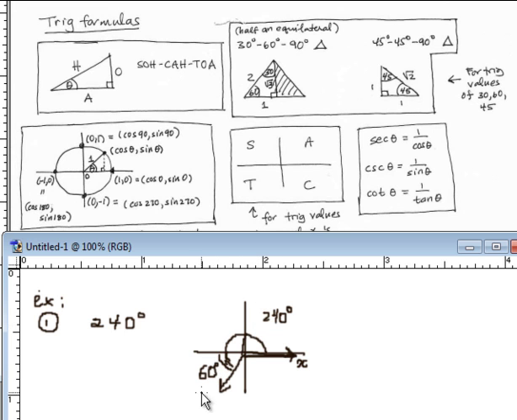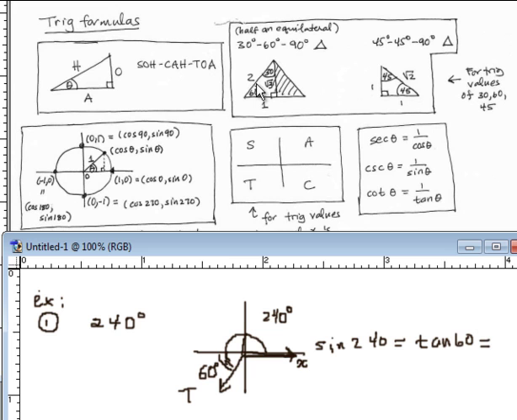From our little chart here, we see that only tangent is positive in this quadrant. So tangent 240 is equal to tangent 60. Tangent 60 we get from our triangle.